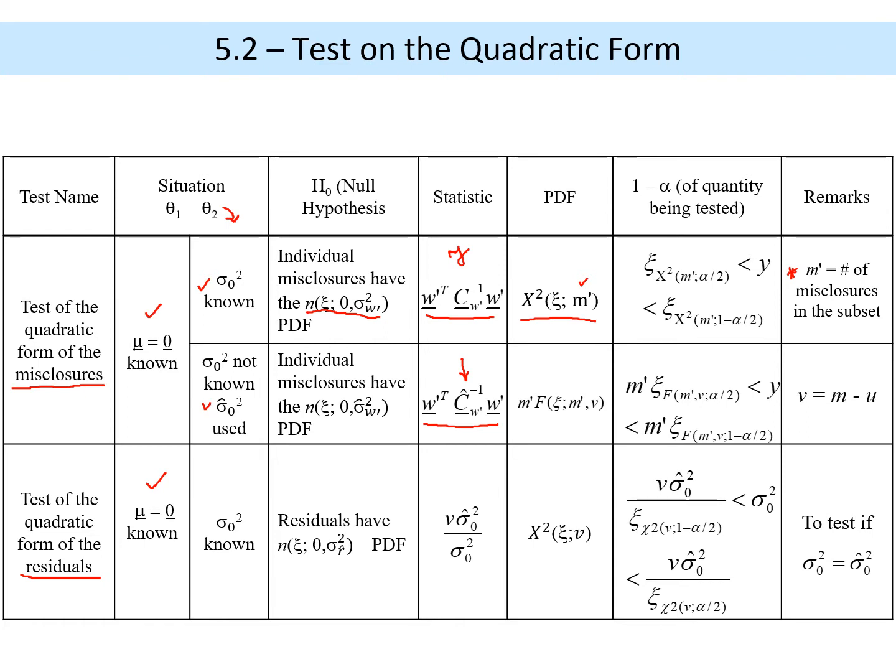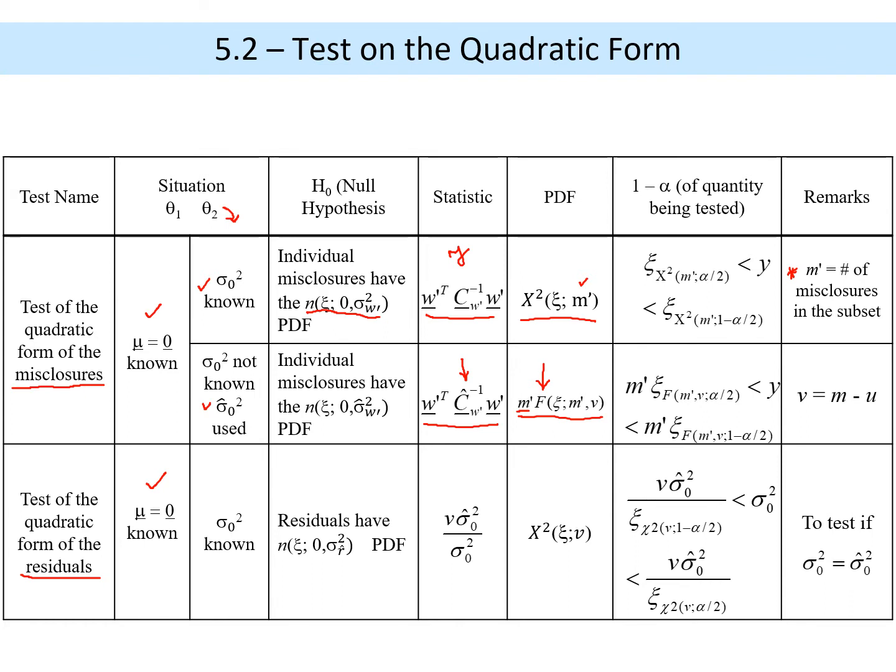In the situation where we don't know the a-priori variance factor, we use the a-posteriori variance factor. This is the PDF. We use the Fisher distribution, scaled by m prime, which we already defined, and the arguments of the Fisher distribution. Fisher distribution is a distribution that is computed based on 2 degrees of freedom.